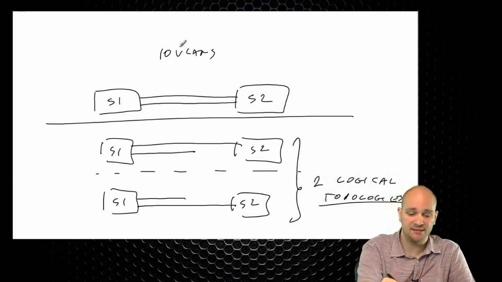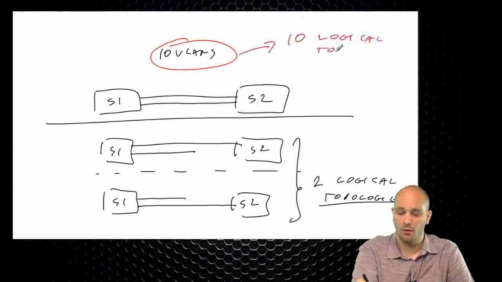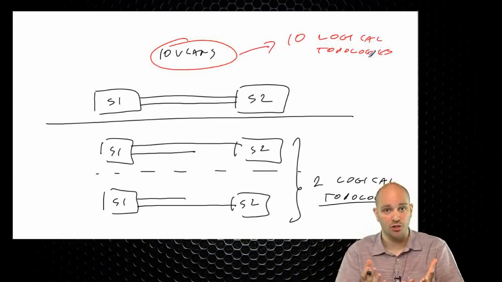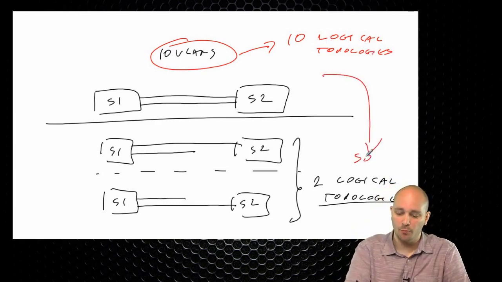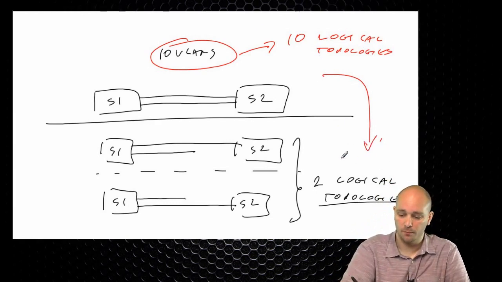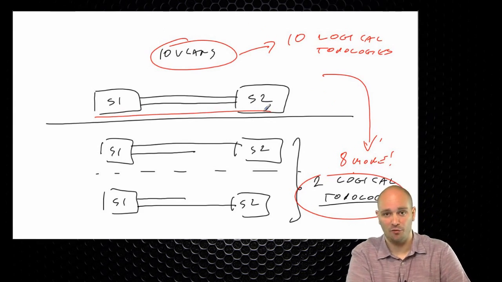But with 10 VLANs configured, with PVST, we are going to have 10 logical topologies created, because that's basically what the spanning tree instance is. It's a logical topology based on the same physical topology. So basically, we are creating 8 more than we need to actually address the capabilities of this network here.